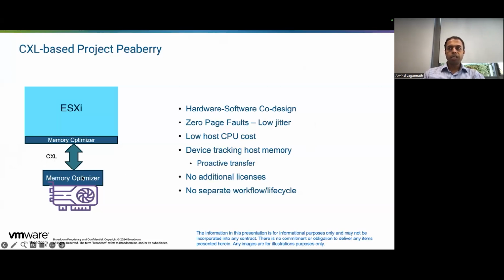We implement logic in the device that makes use of the CXL protocol and makes the memory tiering better. Again, we follow the same philosophy with any memory tiering solution. There are no additional software licenses, additional bundles, no separate workflows or lifecycle steps to manage this. It is fully integrated into the core vSphere.